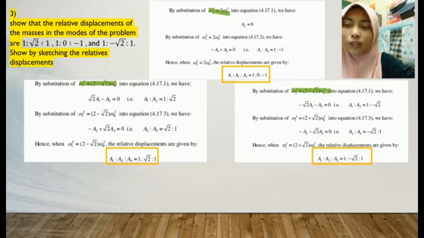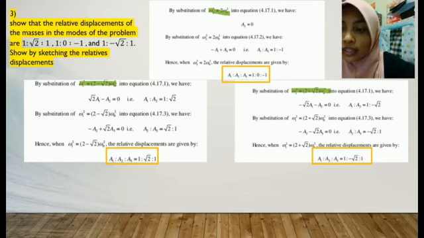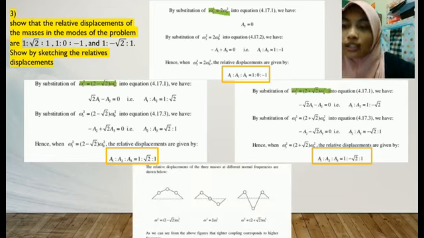1. So when we want to show the relative displacement of the three masses, for the first one, I got 1, 0, negative 1. The middle mass, A2, has amplitude 0. There is no amplitude there. And A1 and A3 are opposite in direction, so A1 is upward and A3 is downward.